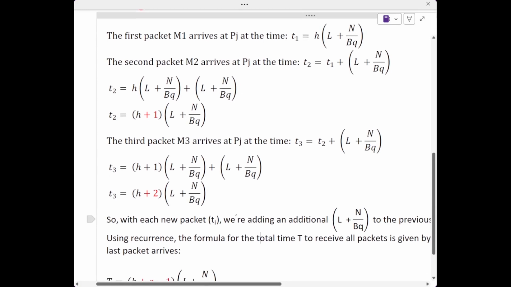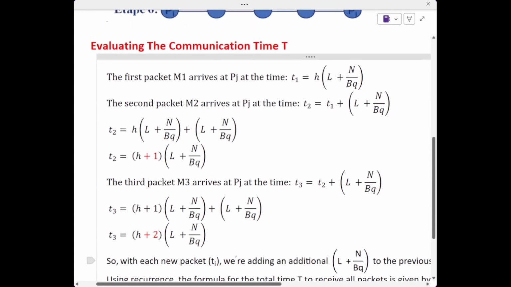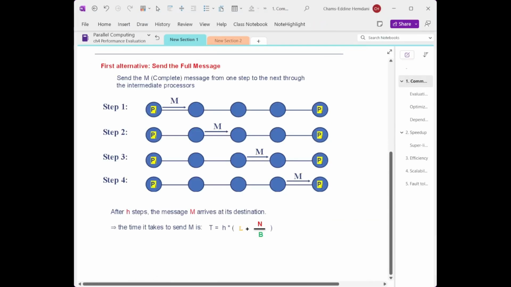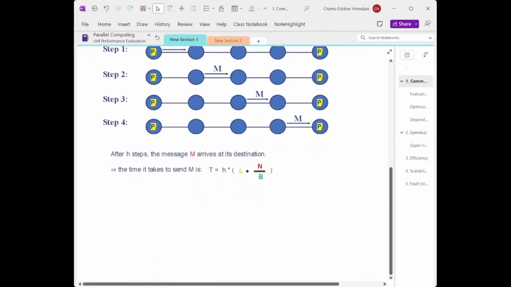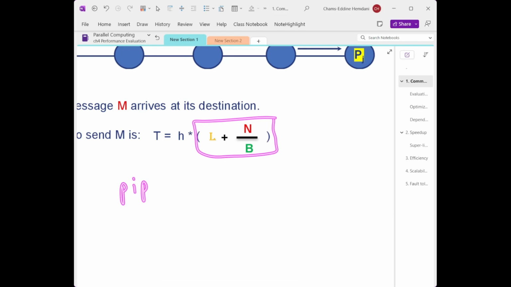There is something important I didn't tell you about here, which is that there is a difference between this in the pipeline context and the old one. This is the normal one. In the pipeline it will be like this, L plus N over BQ.